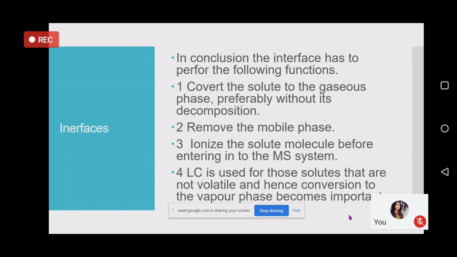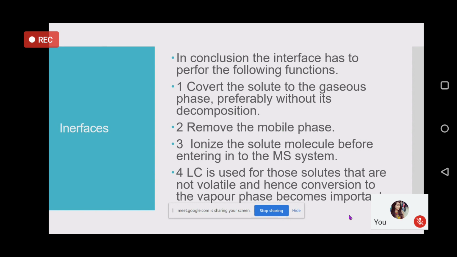And you will find that LC-MS systems are applied mostly in biological systems, where you deal with solutes which are of very high or large molecular weights.